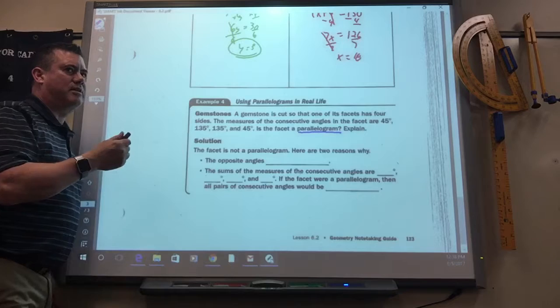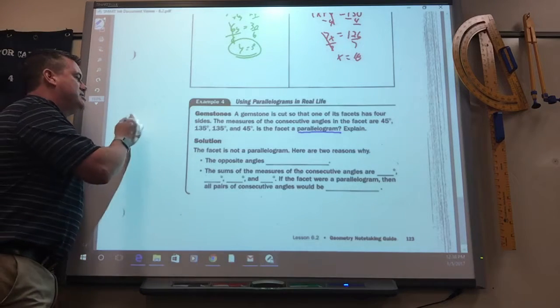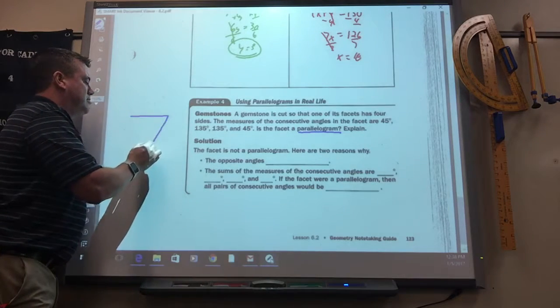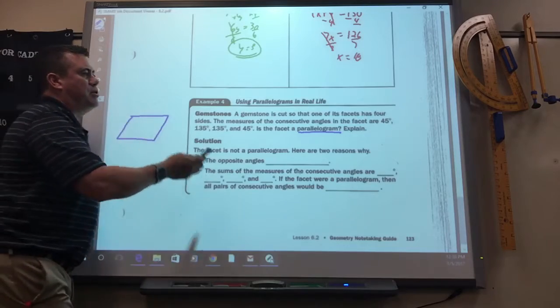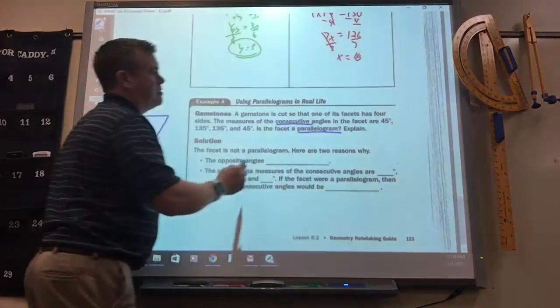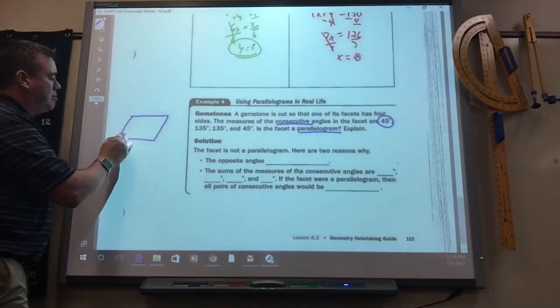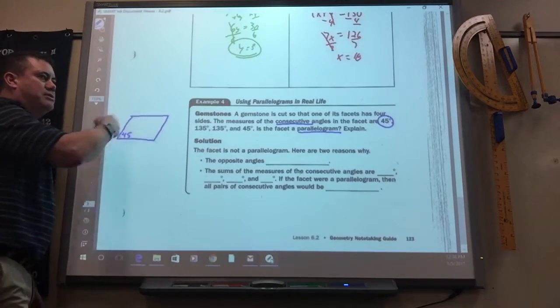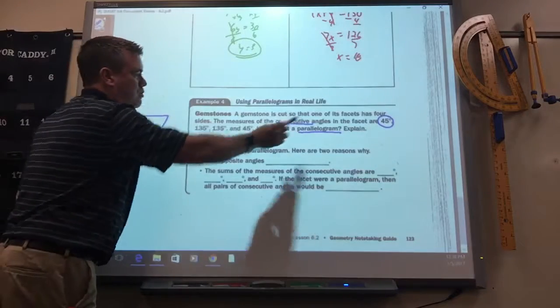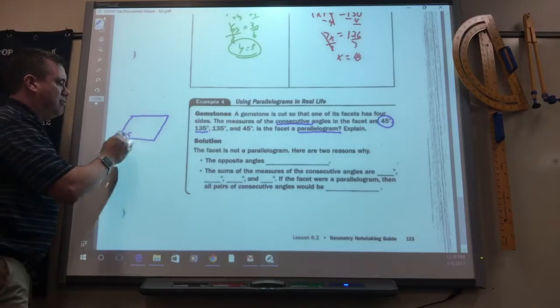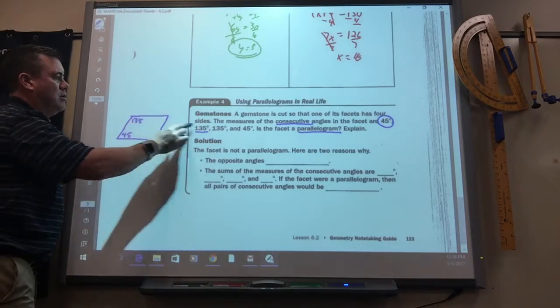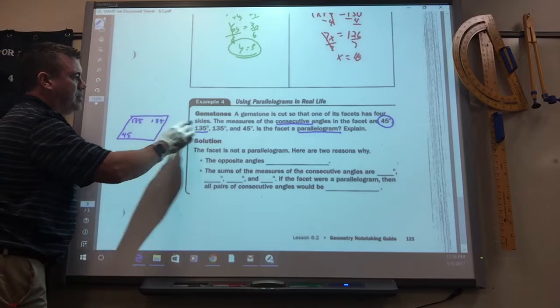Is that a parallelogram? The easiest thing to do is just draw a little sketch and put these in. Now these are consecutive, so you can start anywhere. Start with the 45, and you can go whichever direction. So it goes 45, 135. If I go this way, I'd put it there. 135, 45.